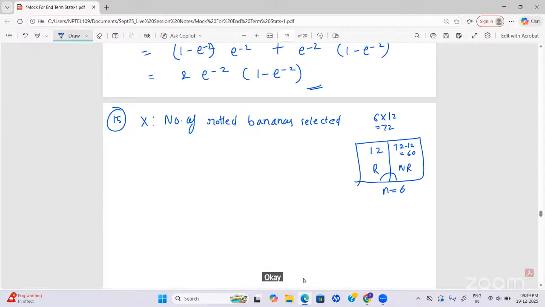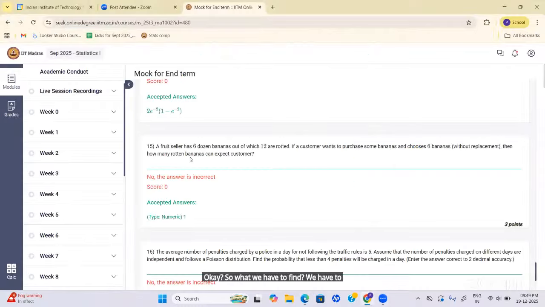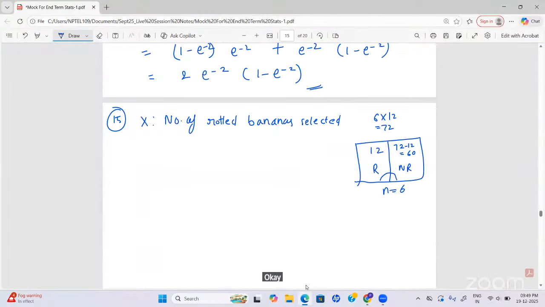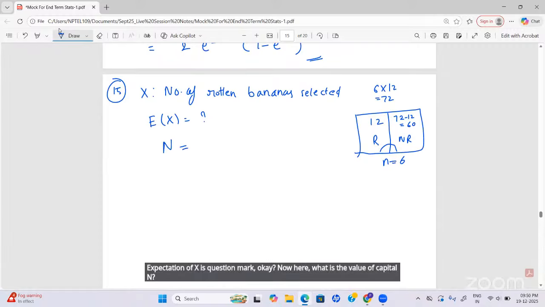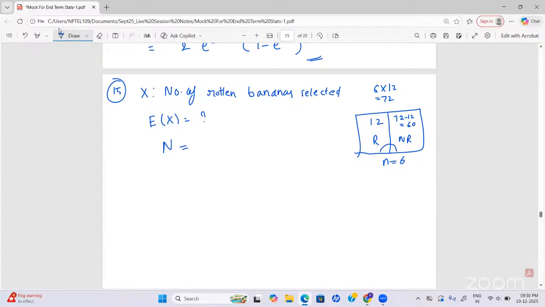Okay, so what we have to find? We have to find the expected number of rotten bananas, so we have to find the expectation of x. Now here, what is the value of capital N? 72. Capital N represents the total number of observations in the population.